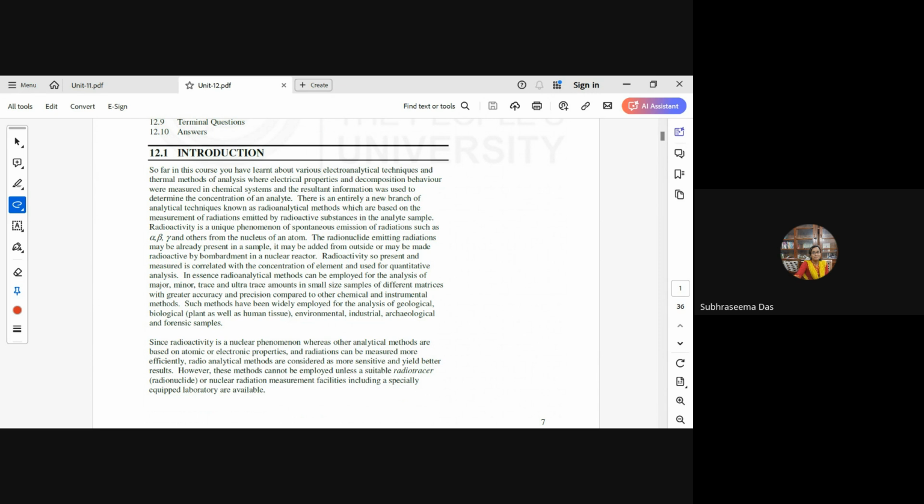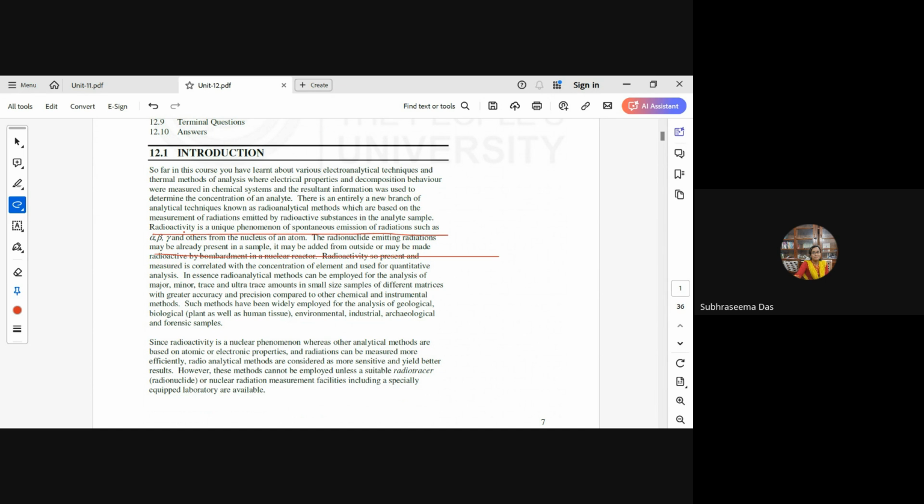So, radioactivity is the spontaneous emission of radiations, which include alpha, beta, gamma, and other radiations, from the nucleus of an atom. So the radionuclide that emits radiations may already be present in a sample, or it may be added from outside, or it may be produced by bombardment in a nuclear reactor.